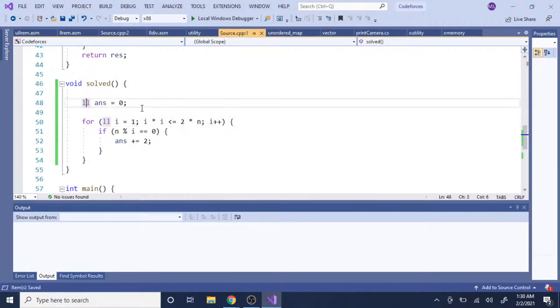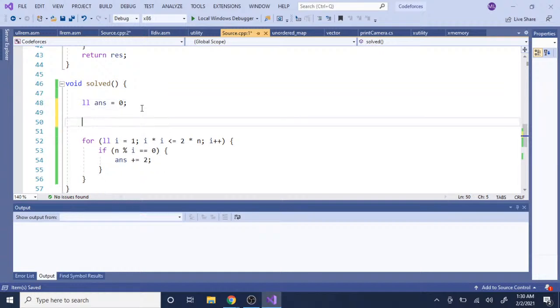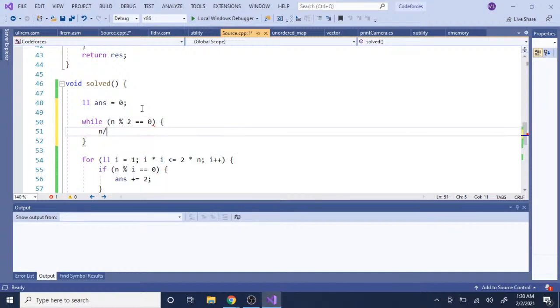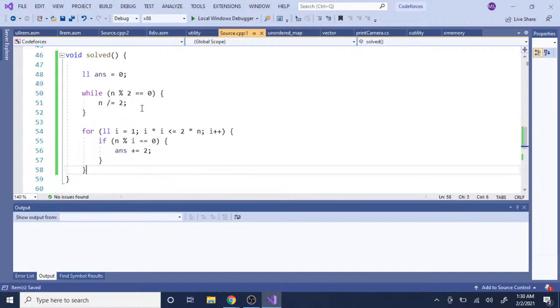What was it? While n mod by 2 is equal to 0, right? Just keep dividing it by 2, right? To make it odd or something. So they're saying, then they said cout 2 times ant.